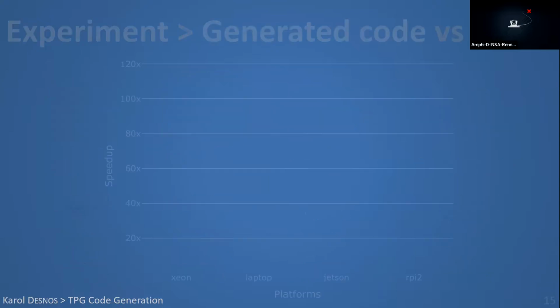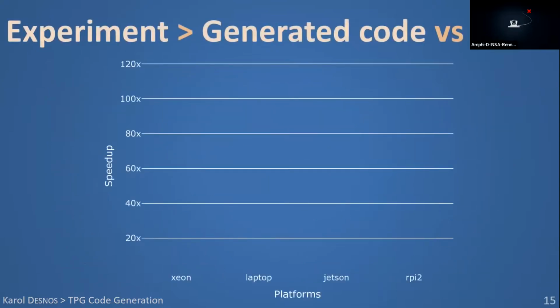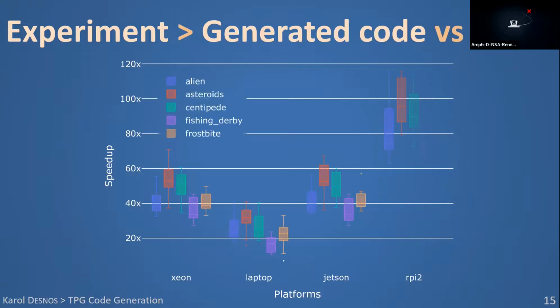What are the results? The first interesting result in our experiments is the speed up that we have when we compare the inference time using the framework, using GEGELATI, our TPG training framework, and using the inference code that was generated with the tool. For each platform, we present the different speed ups that we had.